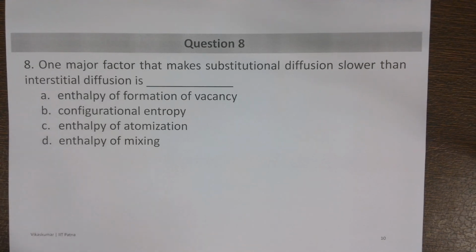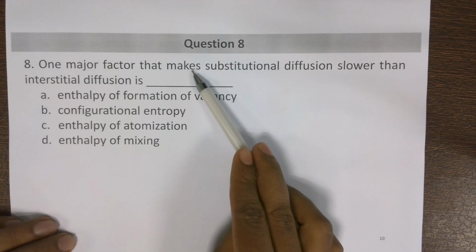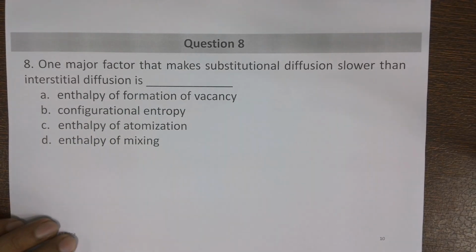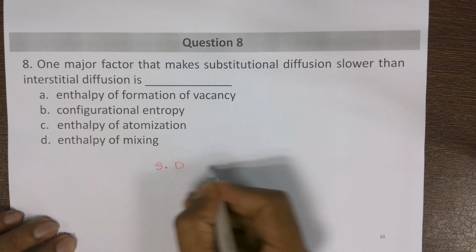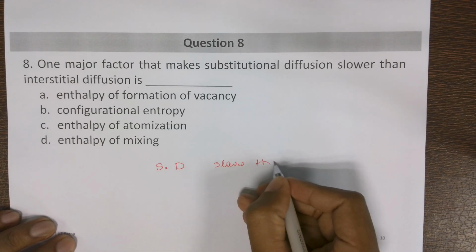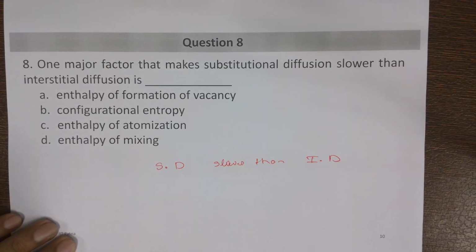This is something that we have discussed at the initial section of our solving session. One of the major factors that makes substitutional diffusion slower than interstitial diffusion is what? Why is substitutional diffusion slower than interstitial diffusion? The reason is very clear.